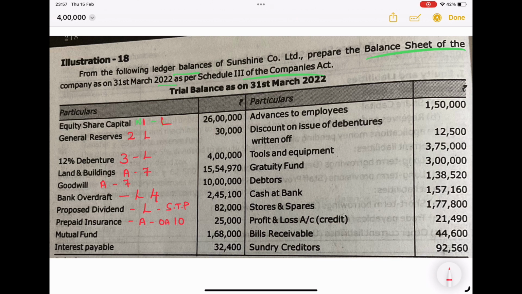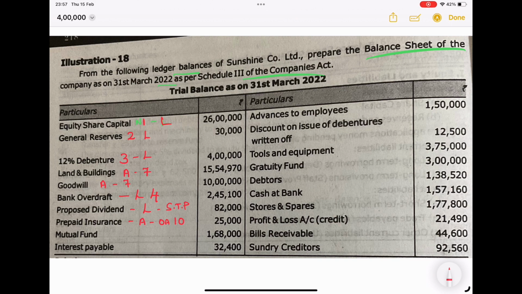Next, mutual funds. Mutual funds are nothing but my investment, isn't it? Here they have not mentioned 5 years or 10 years, nothing they have given.